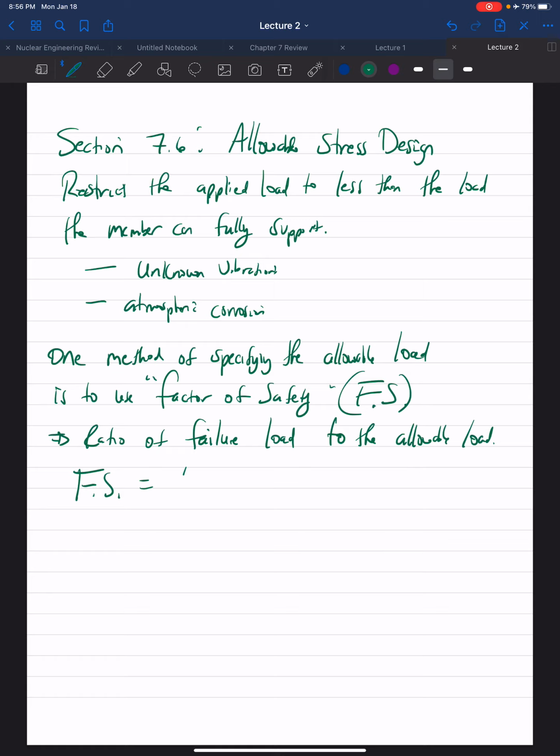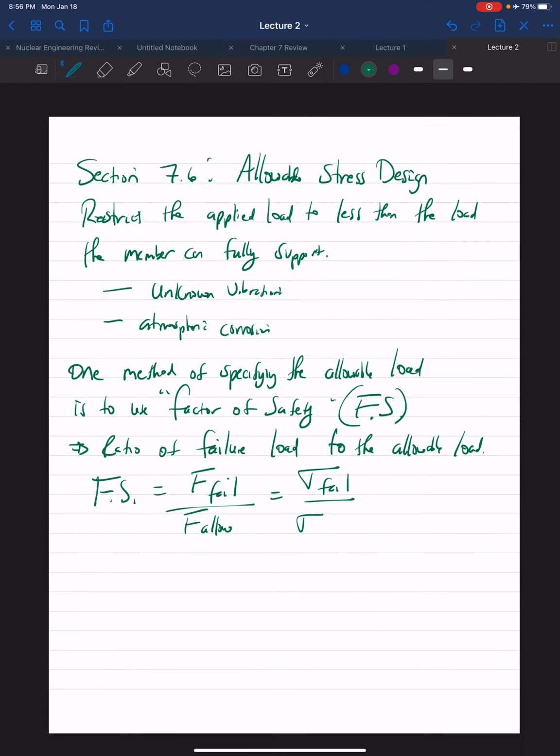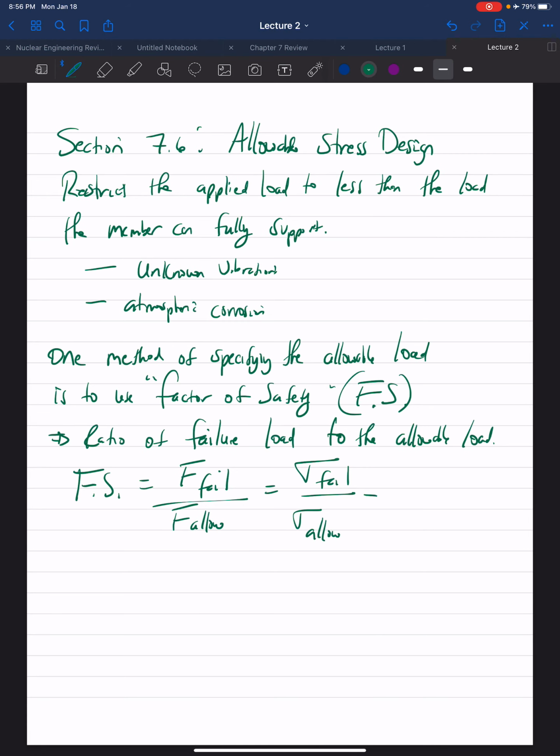Factor of safety is the failure load over the allowable load. This can be set as the normal stress that would fail over the allowable normal stress. Likewise with the shear stress.